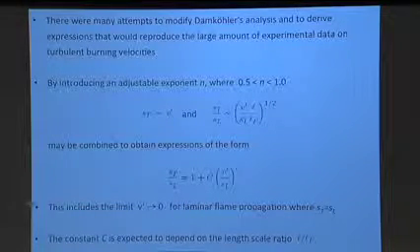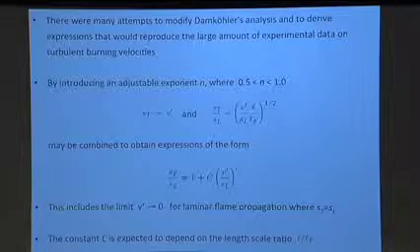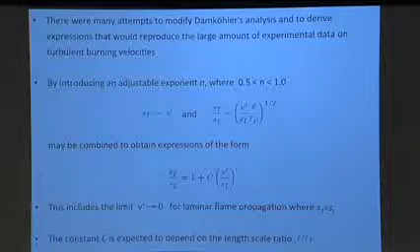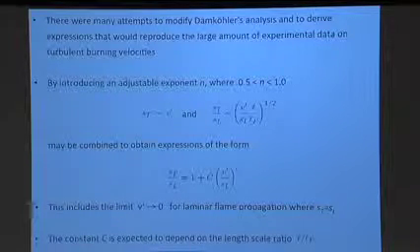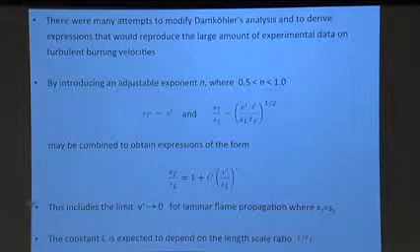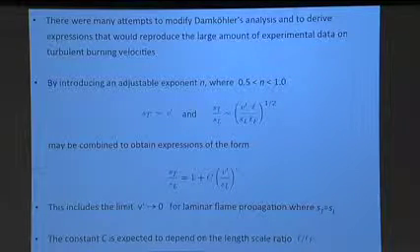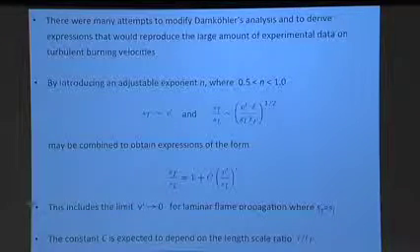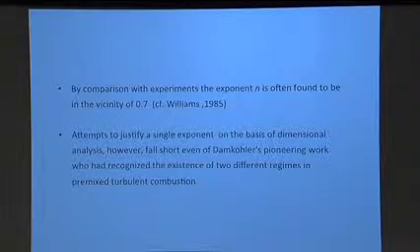If Damköhler was right, then this parameter ℓ over lF should matter for this quantity, which means that with an expression like this you cannot express ST right, and you cannot match all the experimental data.